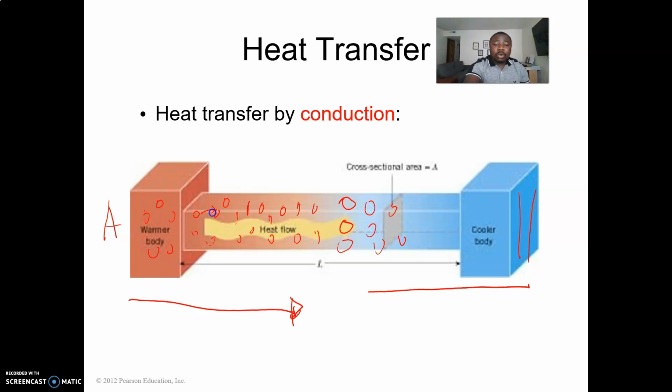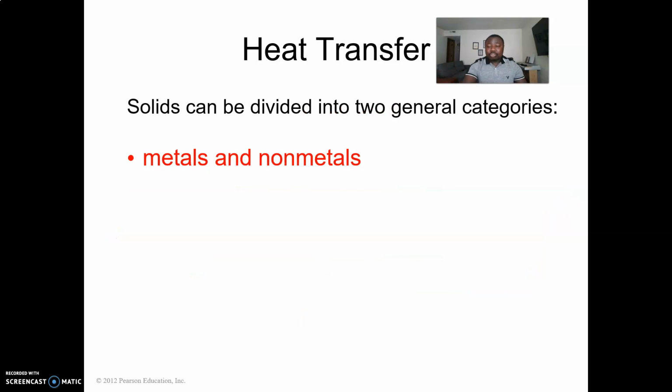When collision occurs, an atom transfers its energy to the other and sets the other on vibration, and this process continues until we get to the end of the metal. Let's call that point B. As that process keeps happening, there will be a point in time when point B also will be heated up, and that process generally is termed conduction.